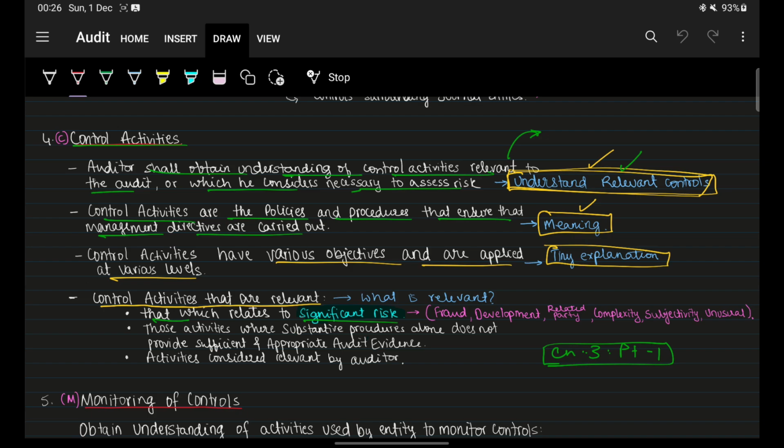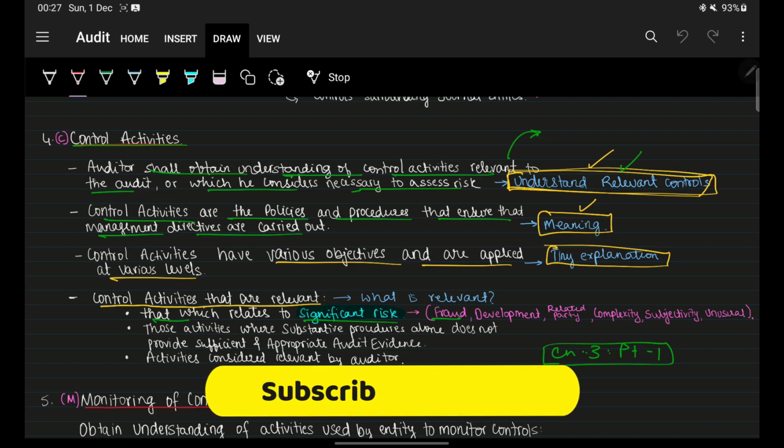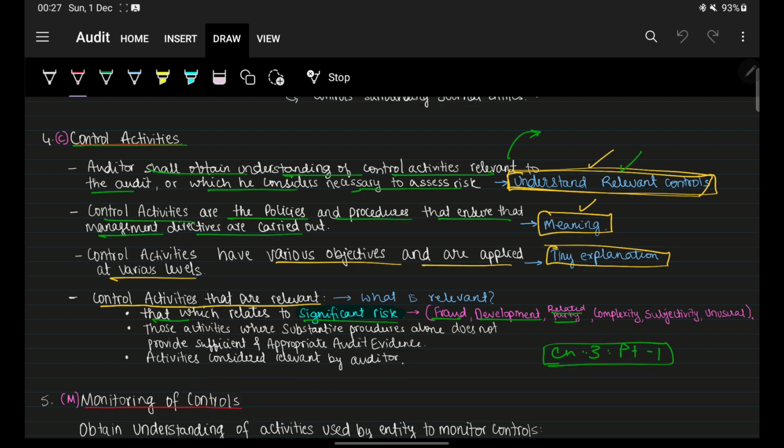Just as a small reminder, I've written it here anyway: risk relating to fraud, risk relating to development, related party risks, complexity risk, subjectivity, or risk due to unusual transactions. So these are significant risks. If controls relate to these risks, then they become relevant, so the auditor will have to obtain an understanding of those controls also.